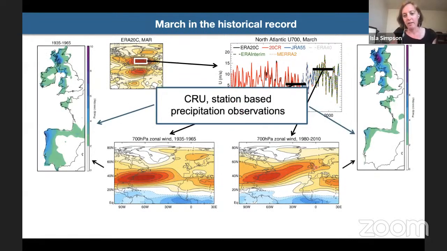So in the later decades, when the jet stream was strongly tilted, Scotland has a far higher precipitation climatology than the Iberian Peninsula. But if you went back to the period centered on 1950, the precipitation climatology is pretty different, and Scotland and the Iberian Peninsula have pretty similar precipitation climatology. So this matters for the weather and climate of Western Europe.